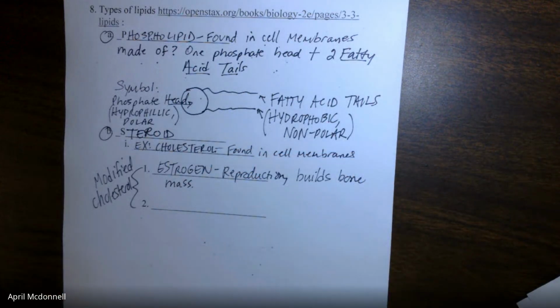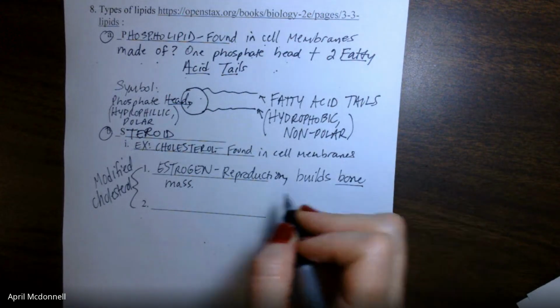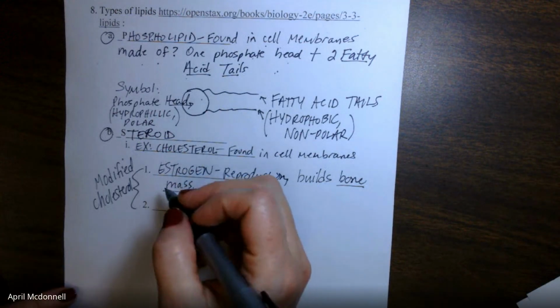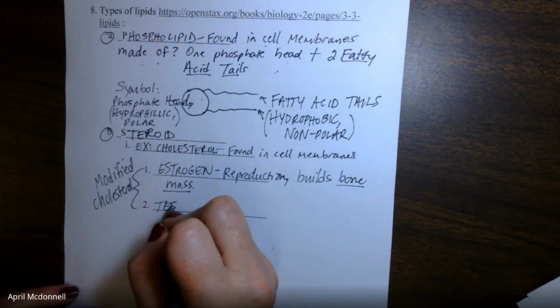During aging, estrogen decreases. So estrogen levels go down when someone ages. This may have an effect on bone mass being maintained. So as estrogen levels decrease, bone mass may also decrease, which could make an individual more susceptible to diseases like osteoporosis.